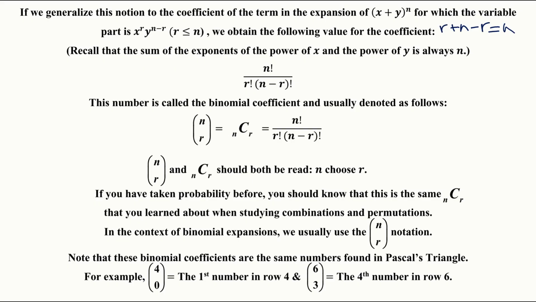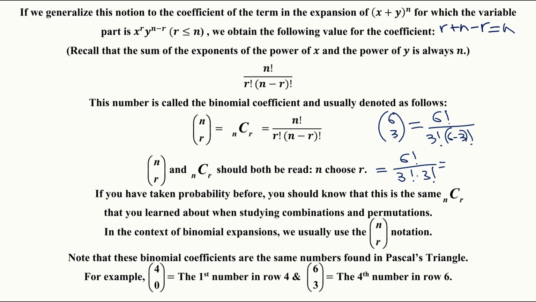All right, so if we look at 6, 3, we know that it should be 6 factorial divided by, remember, r here is 3, so 3 factorial times n minus r, so 6 minus 3 factorial. So it would be 6 factorial divided by 3 factorial times 3 factorial.